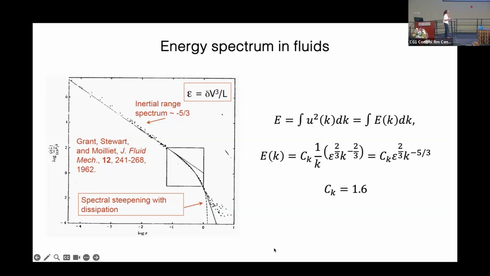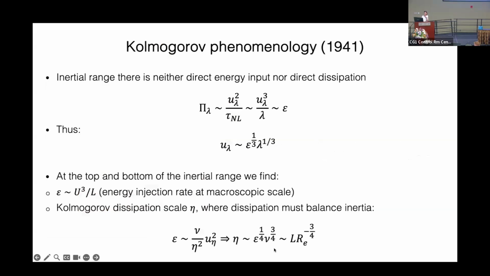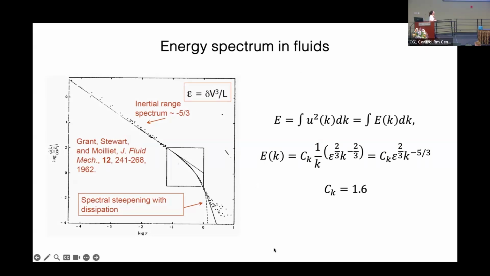If you do this operation, then from the scaling of U you get an energy spectrum that scales as k to the -5/3. This prediction of the energy spectrum has been verified in plenty of cases in fluids. This is one of the experiments that have confirmed the Kolmogorov spectrum.